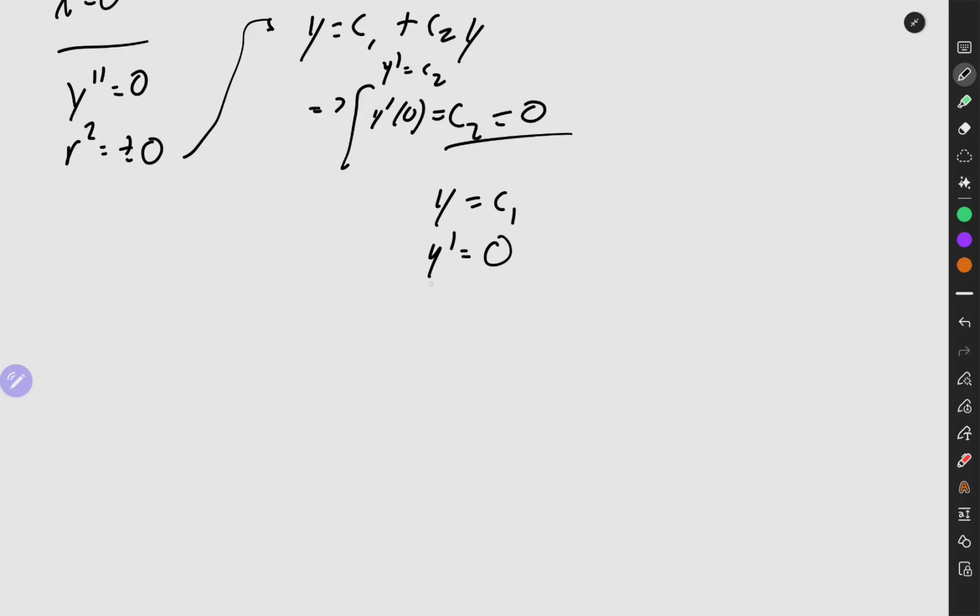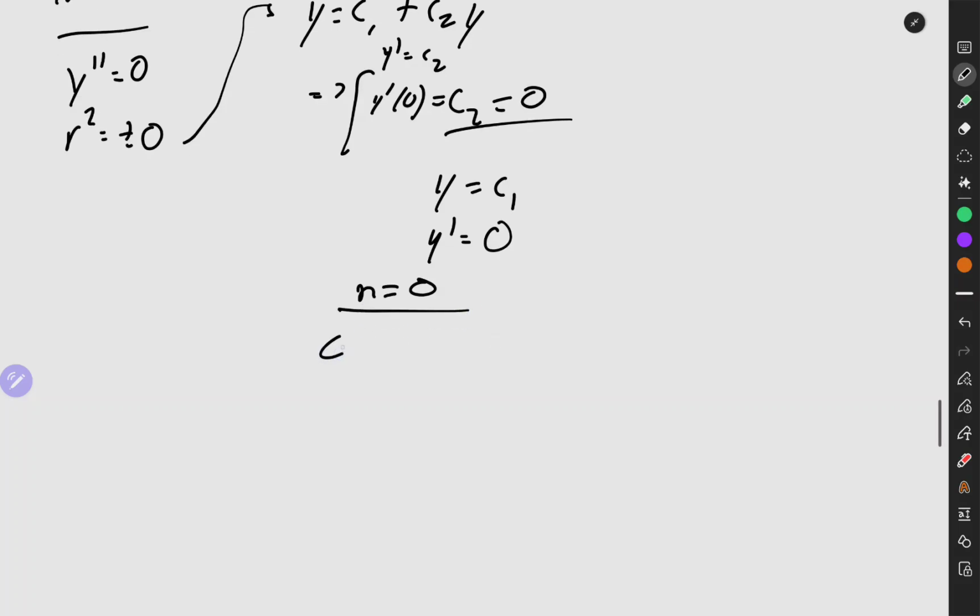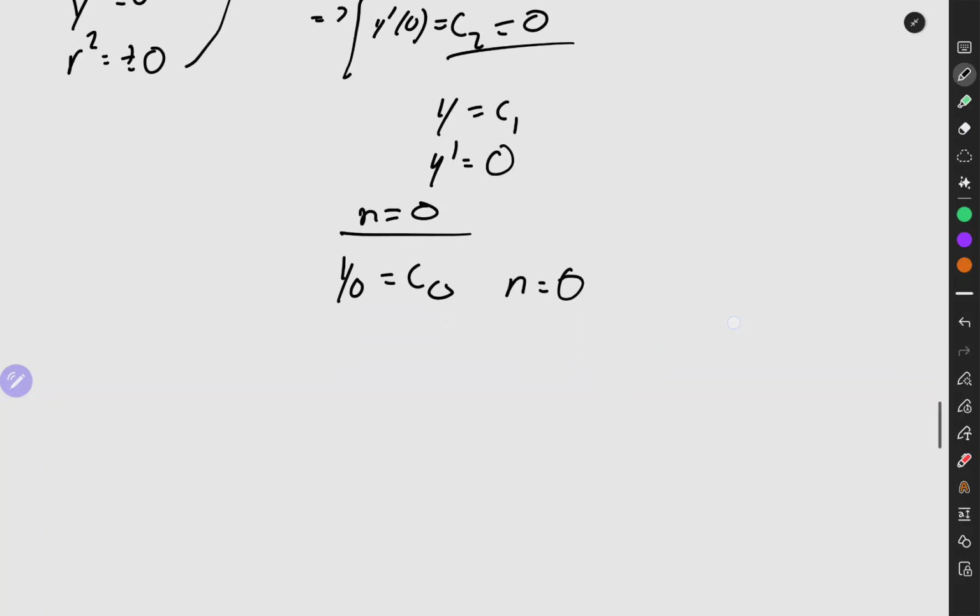So we're going to define Y sub n equals C sub n, for n equals 0. So then we define Y sub naught is equal to C sub naught, just rewriting that. So this would be our first eigenfunction. This is when lambda is 0.